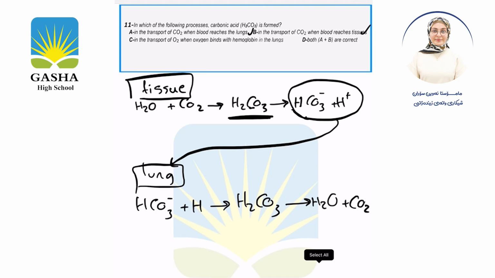For example, maybe you see A and directly choose it, but don't hurry, because maybe it contains more true answers. C, in the transport of oxygen when oxygen binds with the hemoglobin in the lung. No, C is not true. And D, both A and B. So the most true answer for this question is what?